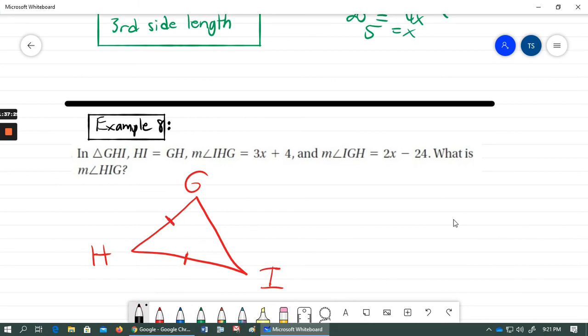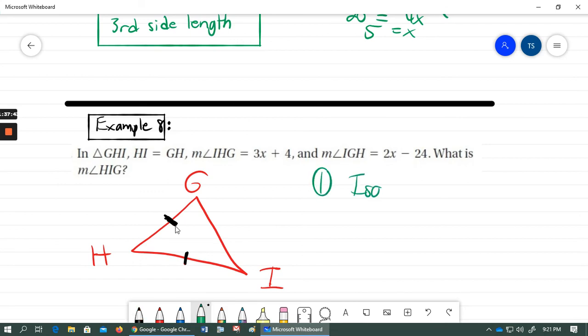So that means that side HI is congruent to GH. Okay, so we know that we have an isosceles triangle.